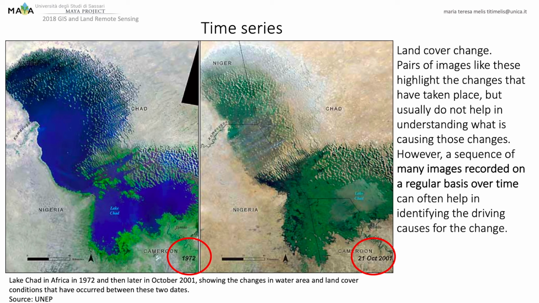This is Lake Chad from 1972. This was the first Landsat satellite image, and here on the right you see the same geographic site acquired in 2001, and we see that almost all the lake has disappeared.